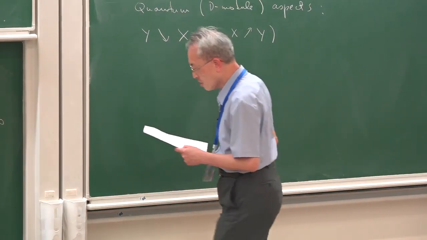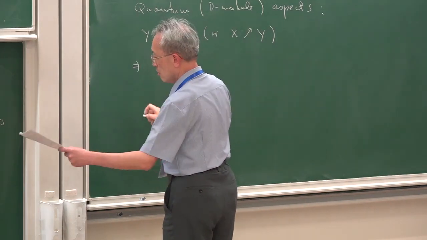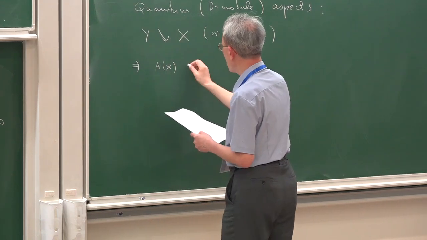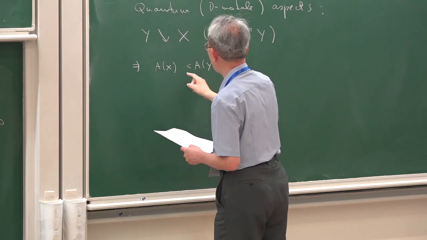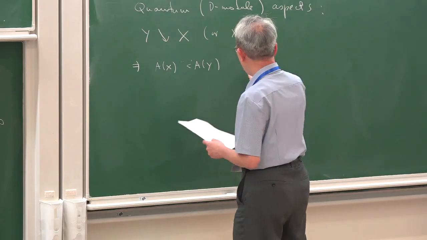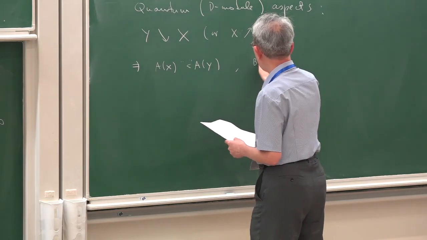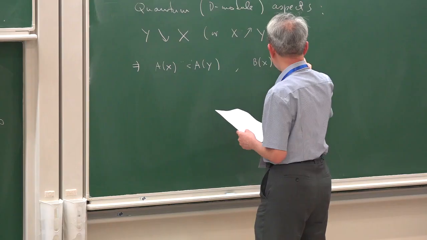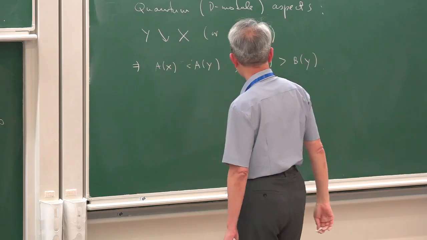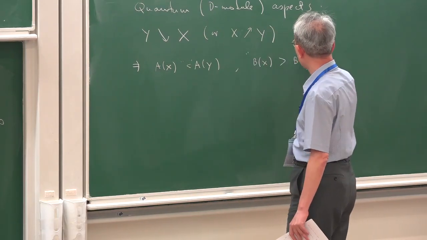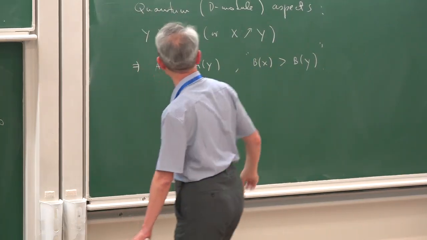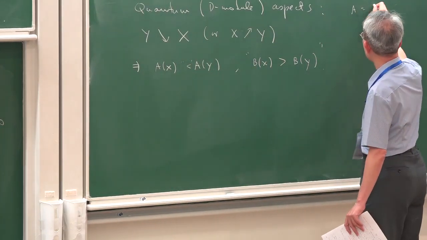But in this situation, we know the A model of X is strictly less than the A model of Y. Let's write this this way. Okay? And conversely, the B model of X is strictly dominant over the B model of Y.